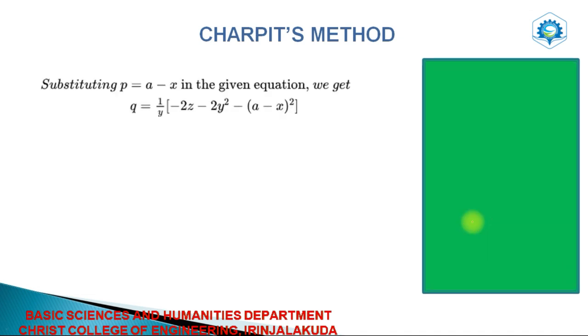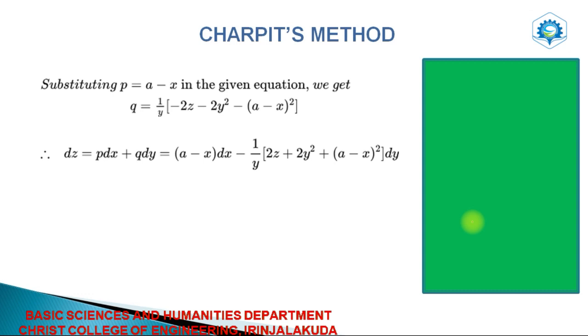Substituting p equal to a minus x, we get q equal to 1 by y times minus 2z minus 2y square minus of a minus x all square. Now let us use the equation dz equal to p dx plus q dy, which is equal to a minus x dx minus 1 by y into 2z plus 2y square plus a minus x all square dy.